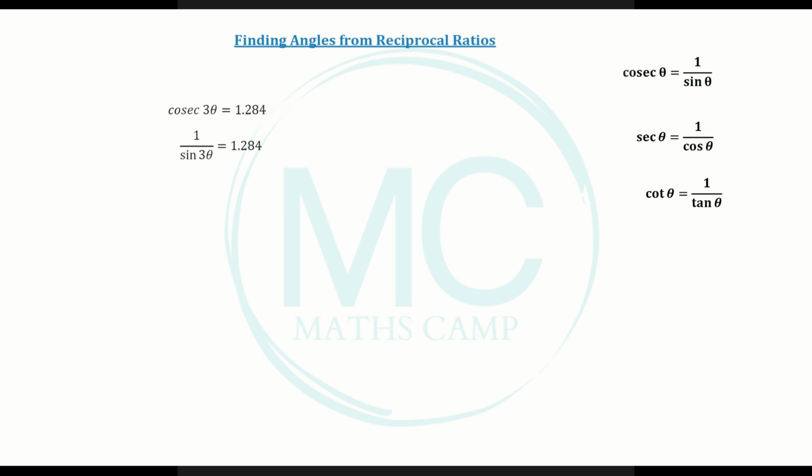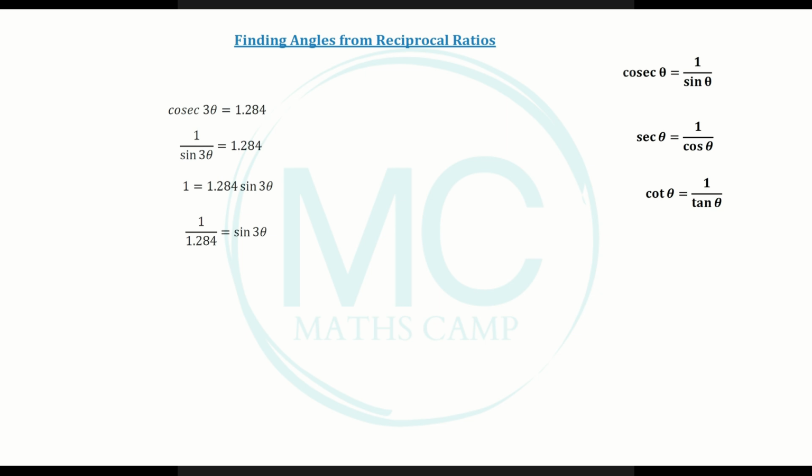Let's move sine 3 theta across, and we get 1 is equal to 1,284 multiplied by sine 3 theta. Now to get our ratio by itself, we need to divide by 1,284. So we say 1 over 1,284 is equal to sine 3 theta.